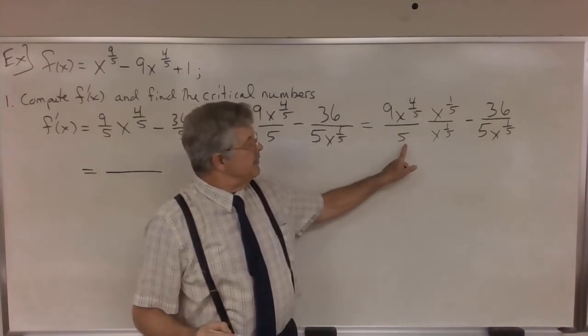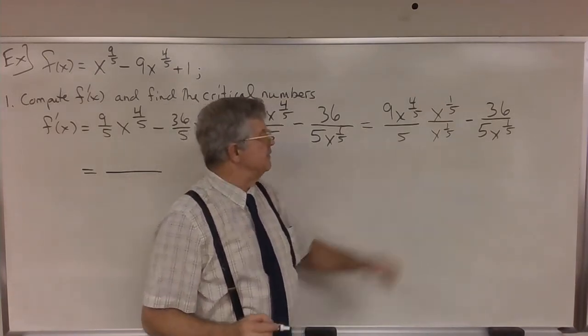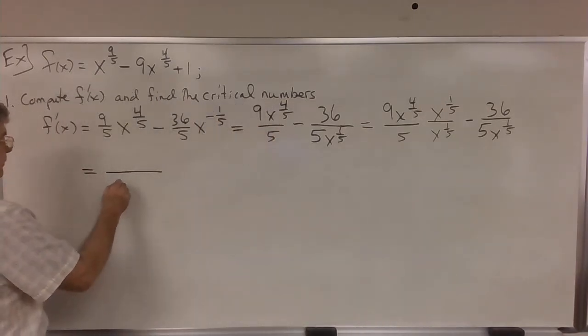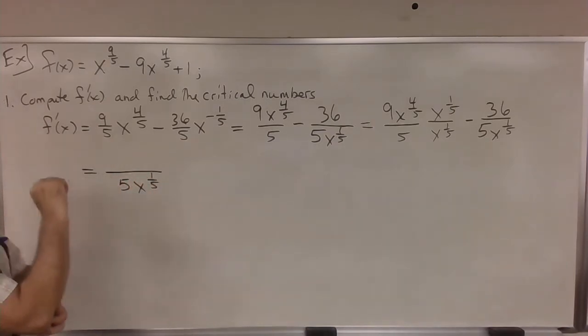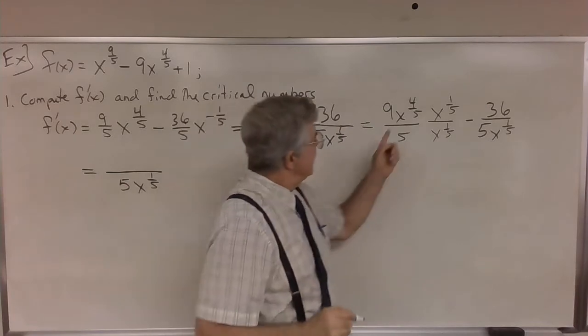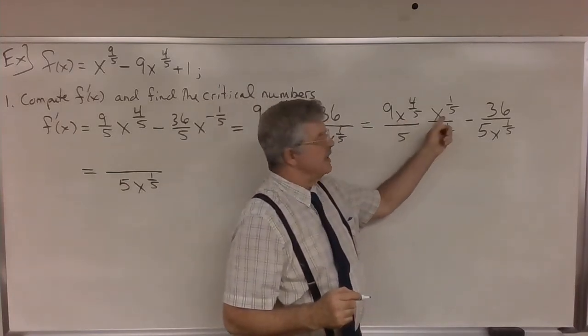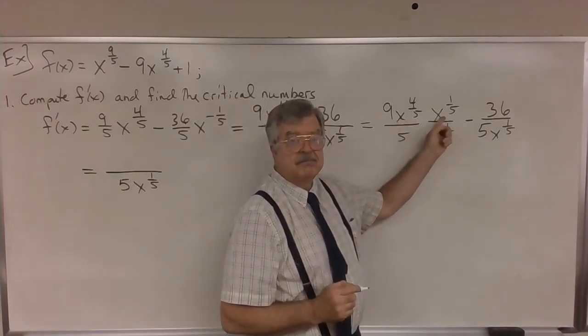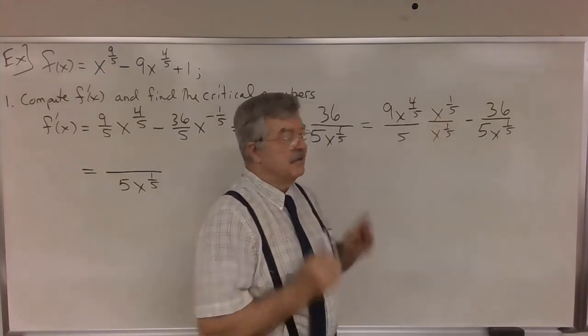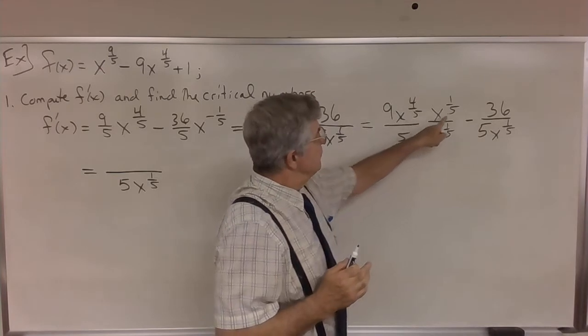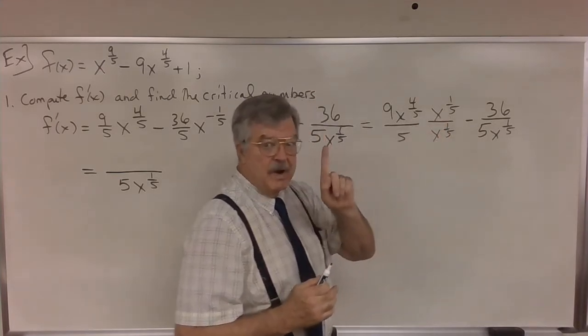In the denominator, I'll have 5x to the 1/5. And in the numerator, let's see, I have x to the 4/5 times x to the 1/5. What do the exponents do? They add, don't they? 4/5 plus 1/5 is just 1.